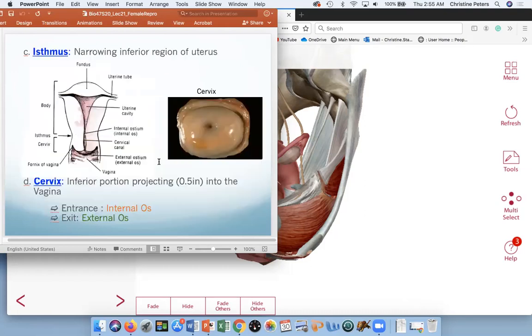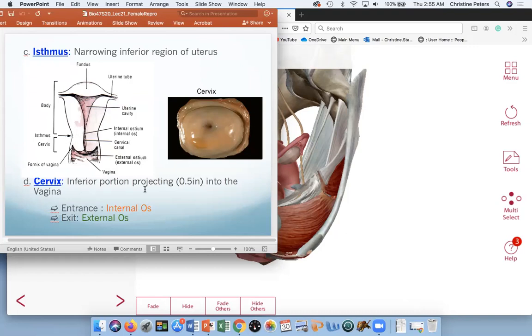All right. And then the isthmus is where we're going to narrow as we approach the pelvic outlet. And this is where the cervix will be sort of projecting about half an inch down into the vagina. So when we look at the isthmus, we're going to see it narrowing, right? And it narrows into this really thick sort of muscular ring referred to as the cervix.